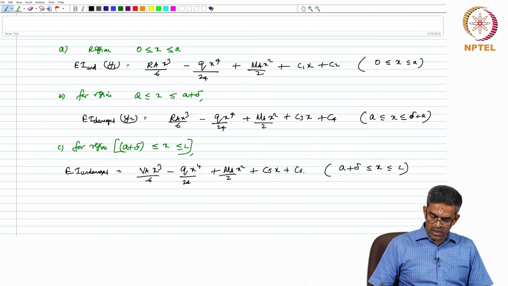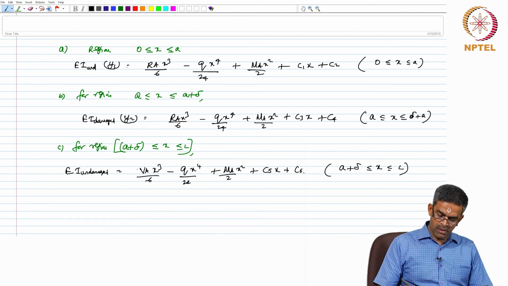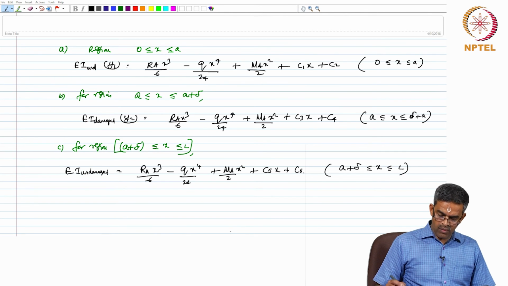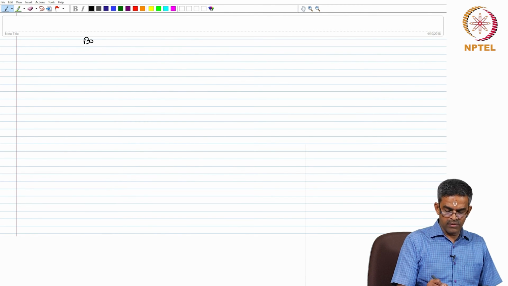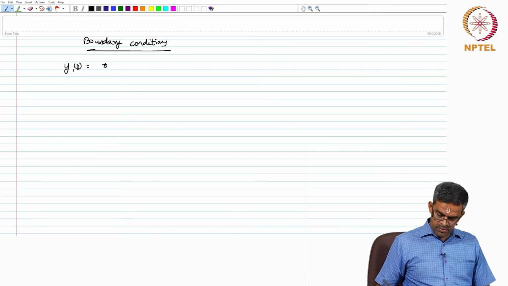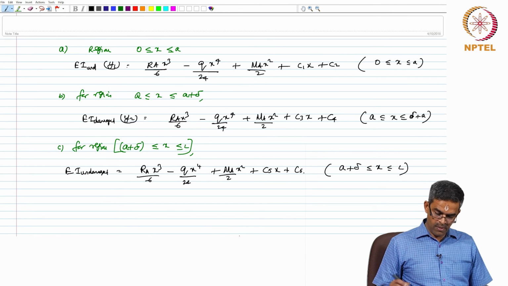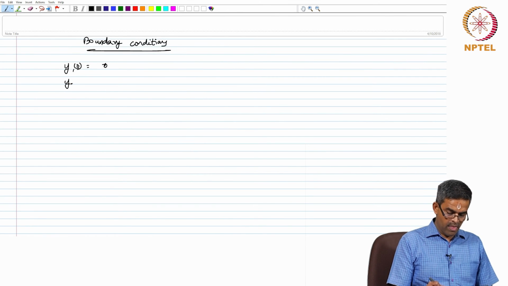Let us see what are the boundary conditions to solve this equation. Let us replace this as RA. Y1 of 0 is 0, Y2 of 0 is 0 and Y3 of L is 0.